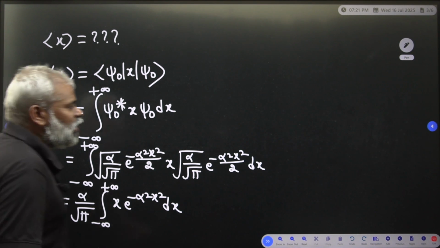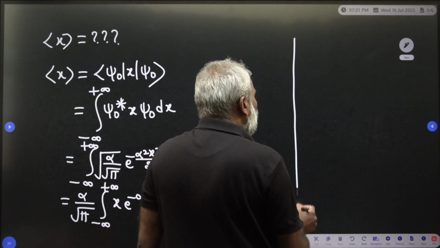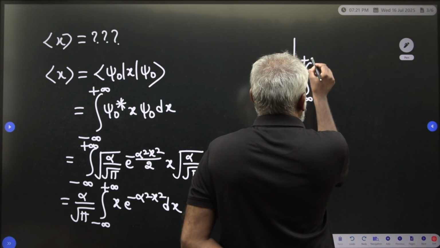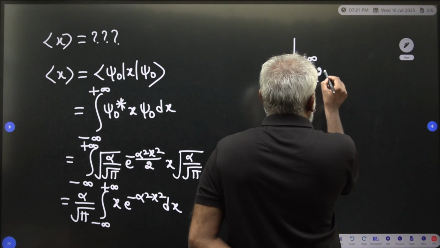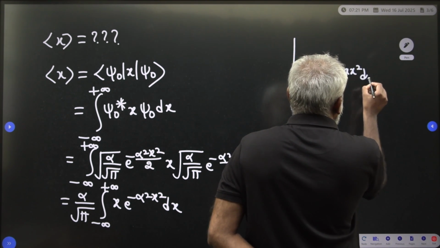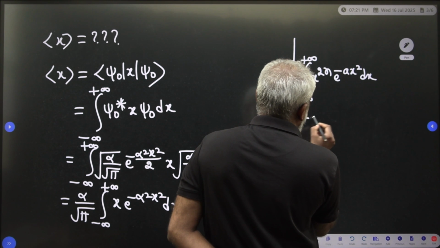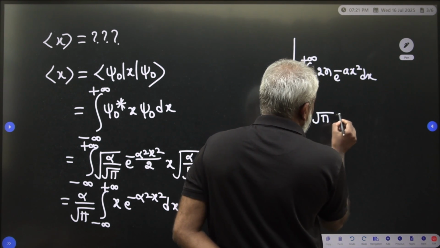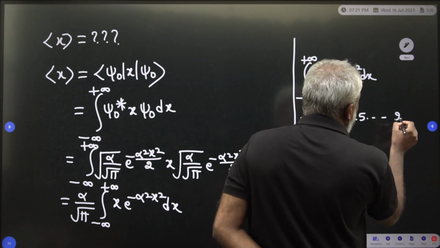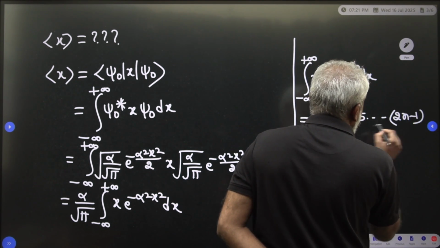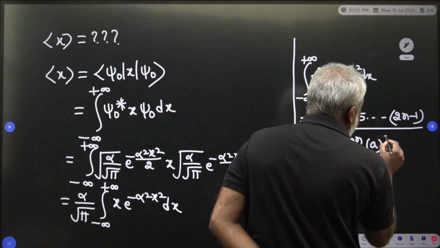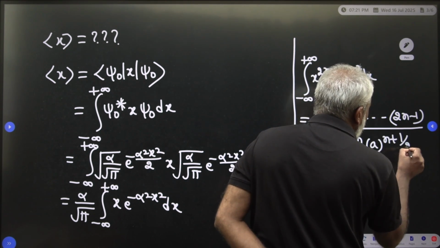Already I have given the formula: the integral from minus infinity to plus infinity of x to the power of 2n into e to the power of minus a x square dx is equal to root pi into 1 into 3 into 5 and so on up to (2n minus 1), divided by 2 to the power of n into a to the power of (n plus 1 by 2). This is your formula.